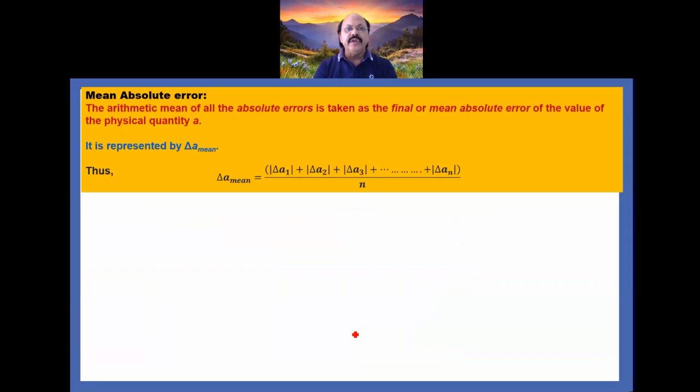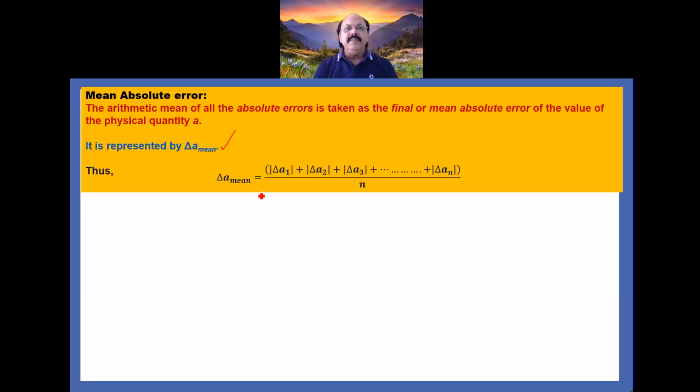Now mean absolute error. We take the arithmetic mean of all absolute errors, and that is called the mean absolute error. So the arithmetic mean of all the absolute errors is taken as the final or mean absolute error of the physical quantity A. It is represented by delta A mean.